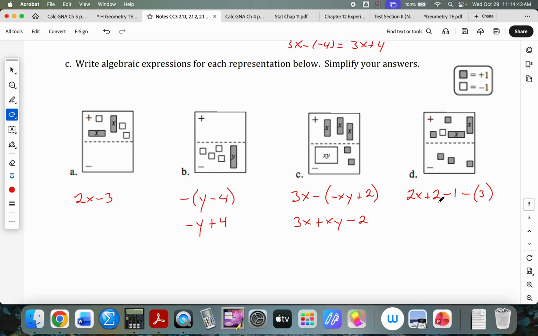So 2 minus 1 is 1. So I've got 2x plus 1. And I'm going to subtract 3. What is 1 minus 3? Negative 2. So this simplifies to x minus 2.